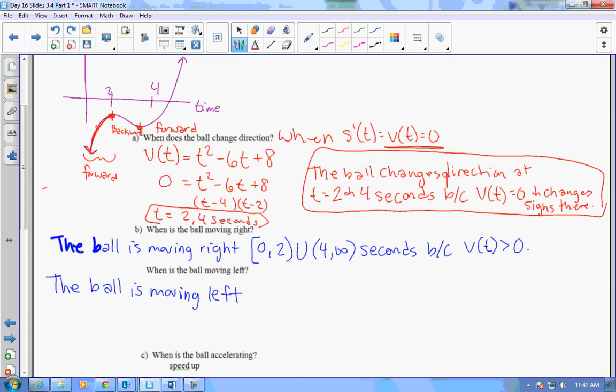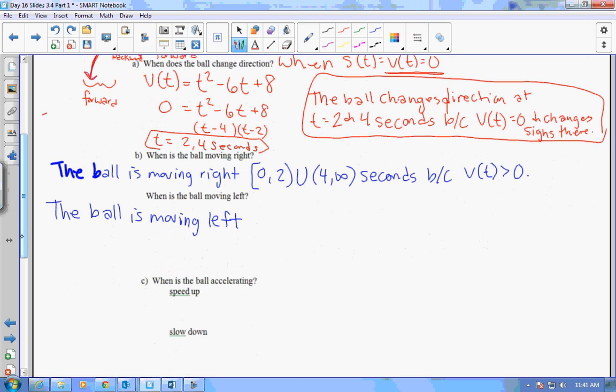Hey, Margarita, what'd you get? 4, it's moving right, so it'd have to be 2 to 4. Do they get brackets or parentheses?